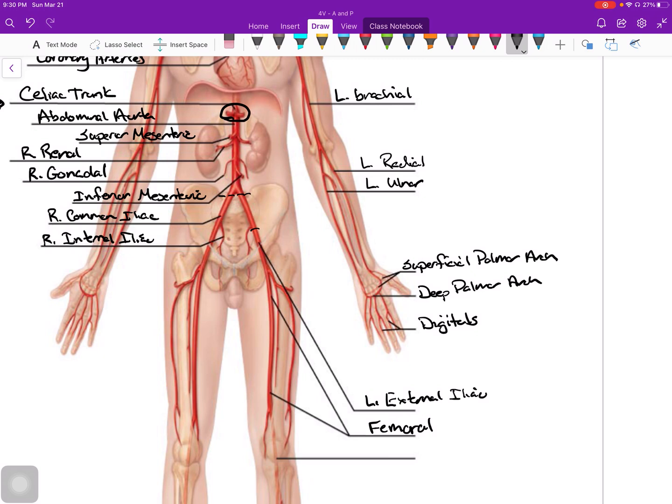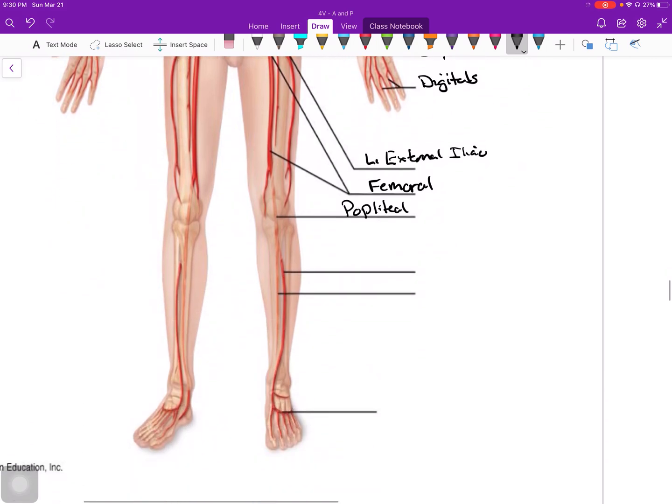Then going through my knees becomes my popliteal. Now I have my anterior tibial because it is on the top or the front, and then I have my posterior tibial.